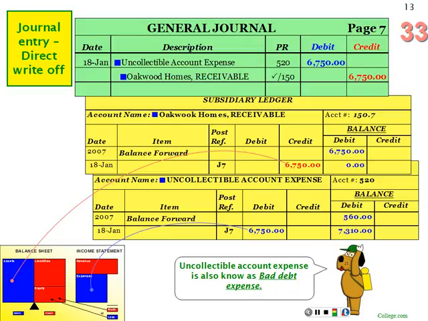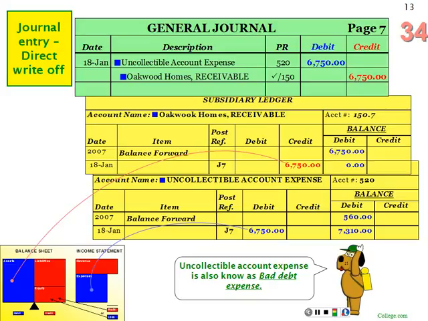Most of the problems we see in the text, they call it bad debt expense. They mean exactly the same thing. You have to get comfortable with the fact that accountants use different phrases for the same account. Not within the same set of accounts, but one firm to the other may pick uncollectible accounts or they may pick bad debt expense. Just depends on the accountant's preference.